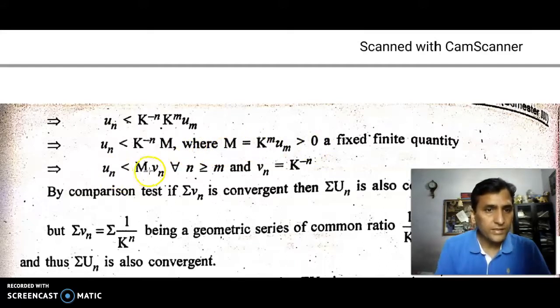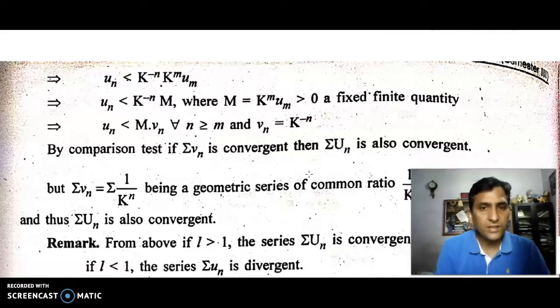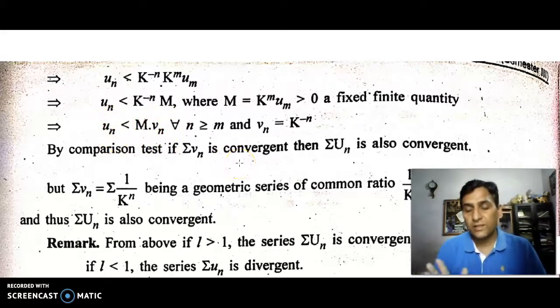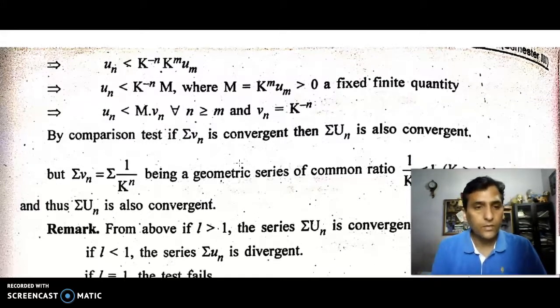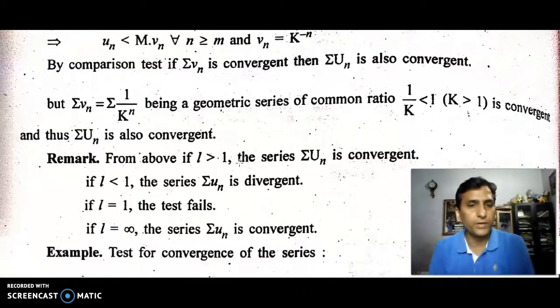So un is less than or equal to m bn, where bn is k to the power minus n. So by the comparison test, if bn is convergent, then un is also convergent. Why? Because bn is convergent and un is less than bn, so it must be convergent. Less than convergent is convergent. Bigger than divergent is divergent. This is the methodology we are following.